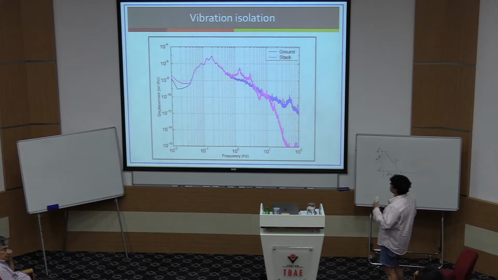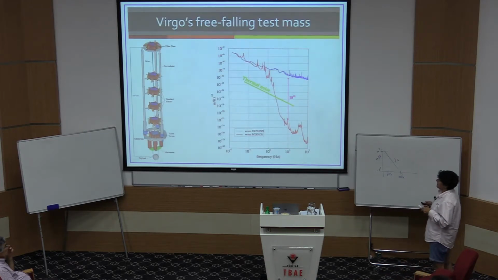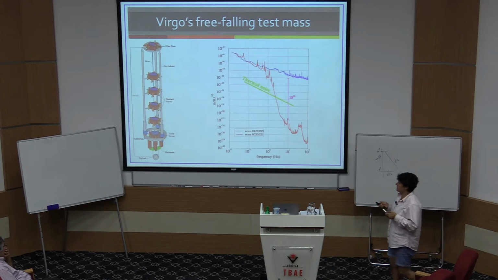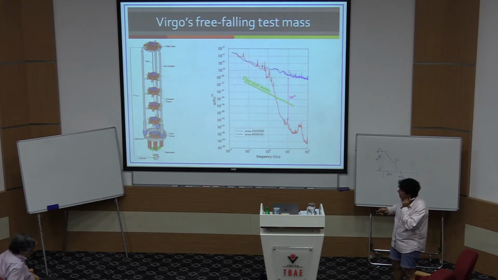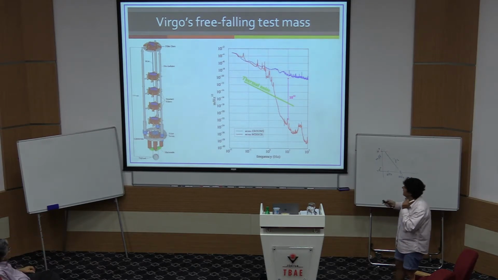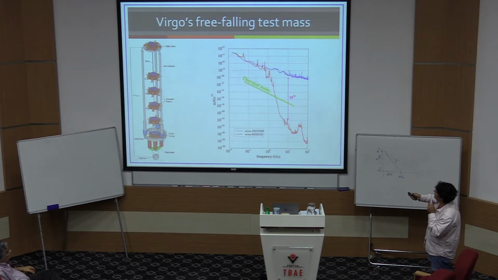Okay? Now you can just carry this to the fullest. In Virgo, for example, instead of a 4-level stack like the one spring mass stack I showed you, Virgo has a 7-stage pendulum. So here is the mirror of Virgo hanging from 7 stages of pendulum. And now you can see the very dramatic drop off here.